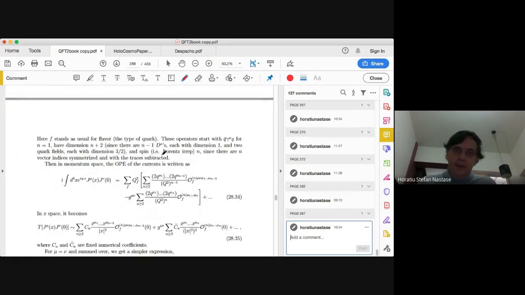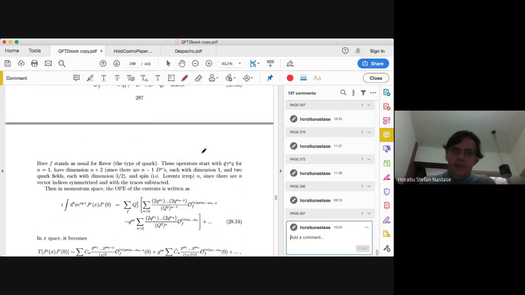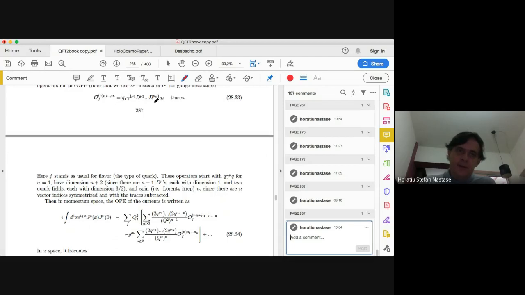But the Lorentz spin, meaning the irreducible representation of the Lorentz group, is n, since there are n vector indices symmetrized and with the trace subtracted, a vector index corresponding to spin 1.